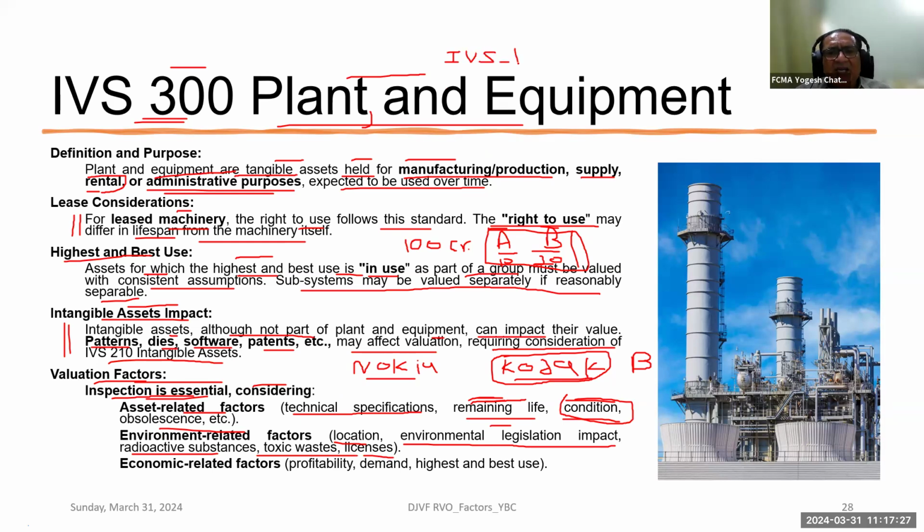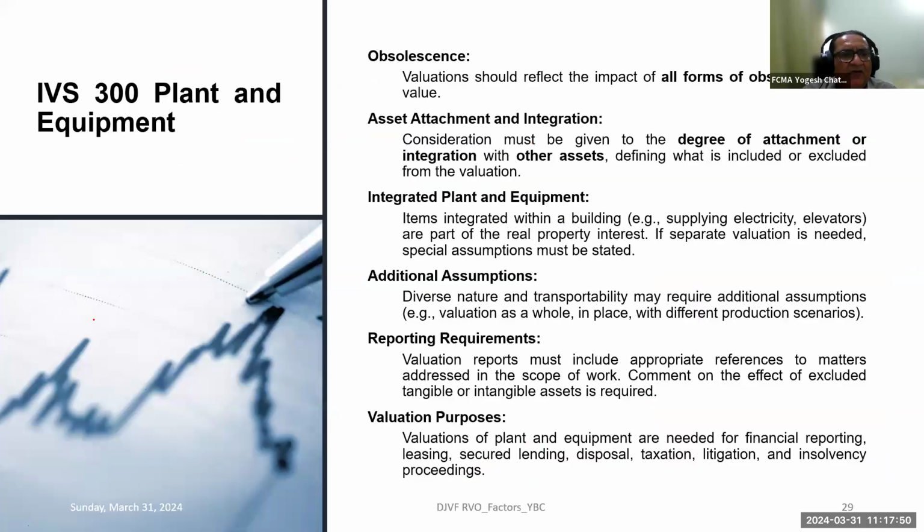In that, the consideration of ESG factors is now made mandatory. So it is very important to consider the environmental factor and economic related factors: profitability, demand, highest and best use. All these are factors which need to be considered in the valuation of plant and machinery.